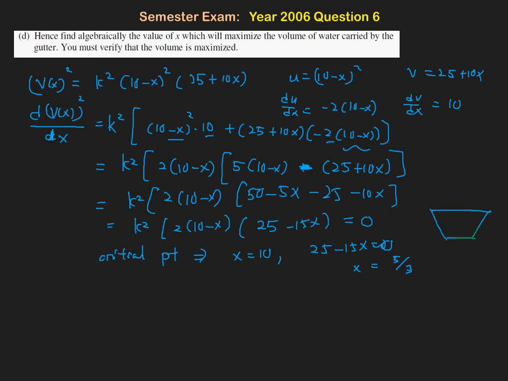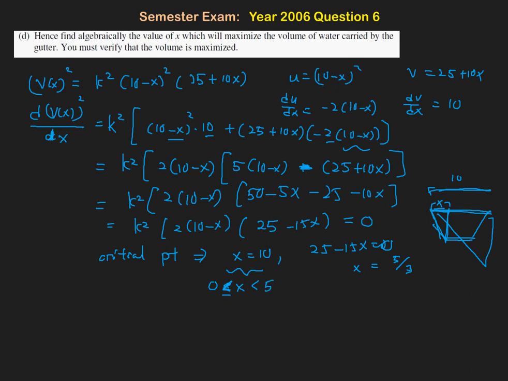If this were 10, we can't even form the gutter because the base of this triangle is already going to be 10, so it's impossible for you to form the gutter at all. x needs to be greater than or equal to 0, and it cannot be more than 5.